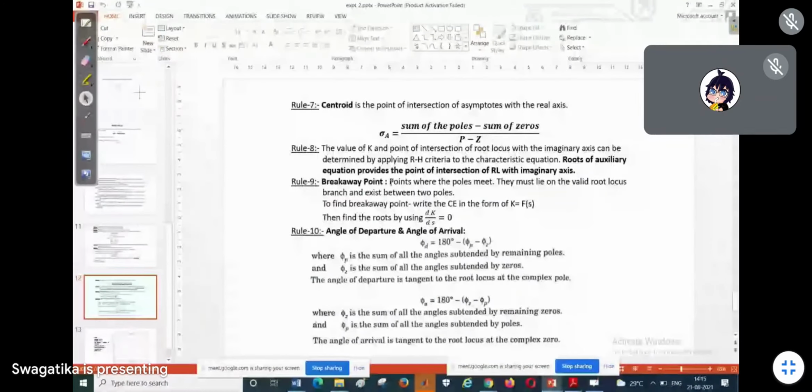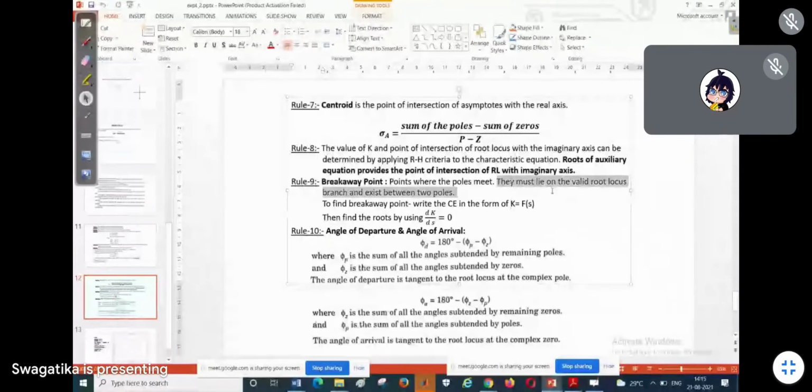The condition is they must lie on the valid root locus branch and exist between two poles. So -4.2, does it lie between two poles? Yes, -4.2 lies between 0 and -6, right? And it is on the root locus region also. So that satisfies your condition and it is your breakaway point, right?